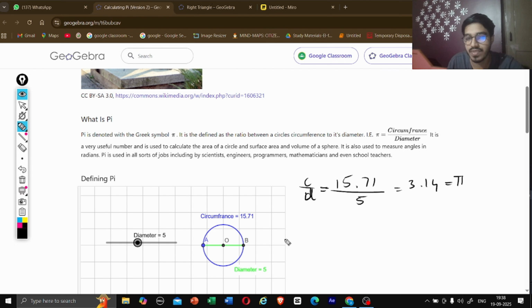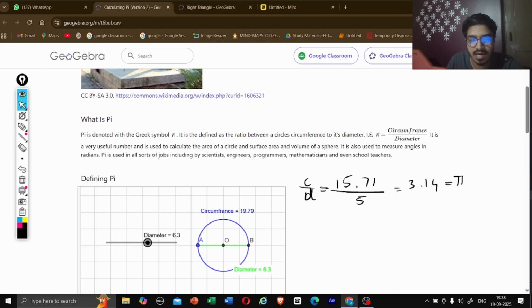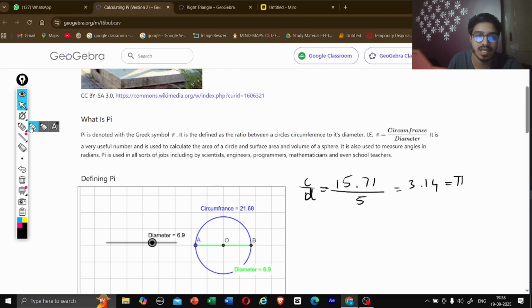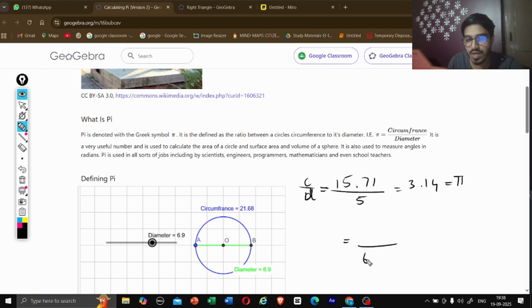That is pi. Let us take another circle of diameter 6.9 centimeter. Not a round number. Let us take 6.9 as the diameter, and the circumference of a circle when the diameter is 6.9 is 21.68.